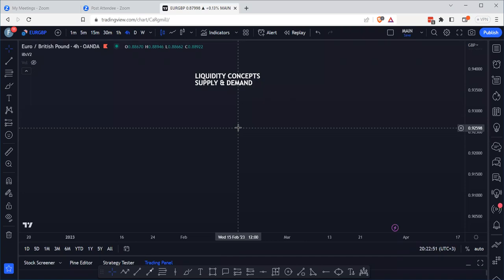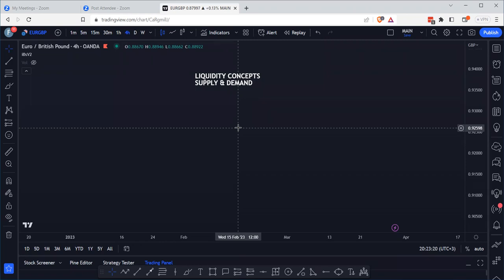So before price goes up or down, there are some footprints, some clues here and there, that can give us an idea as to what price wants to do. So the concept of market structure, liquidity concept, supply and demand is to help us spot the footprints of what the big boys want to do in the market. It helps us know exactly where price wants to go.